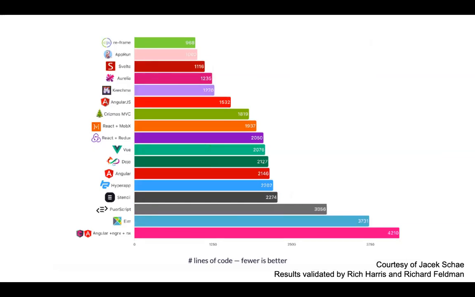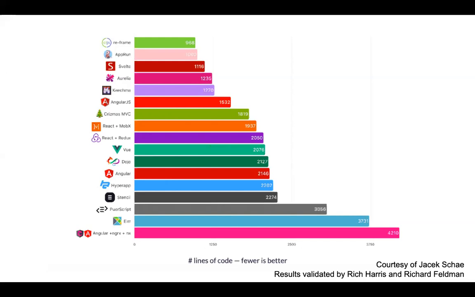Number of lines of code. Fewer is better, of course, but this is again arguable. If it's just the number of lines of code that we measure when it comes to code quality, that's arguable. But if the number of lines is fewer, which means that we are doing the same thing with fewer lines, that can be used as an argument. And we have Svelte with the least at the third place.